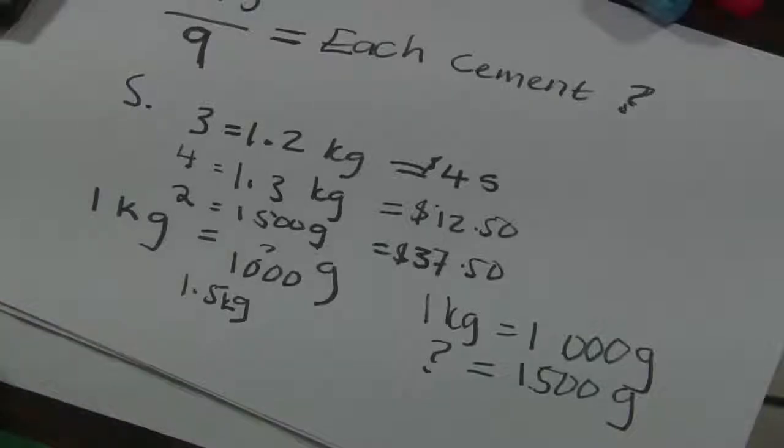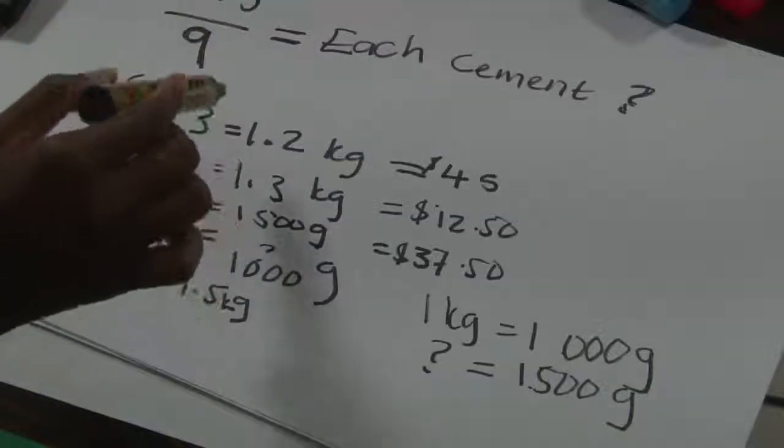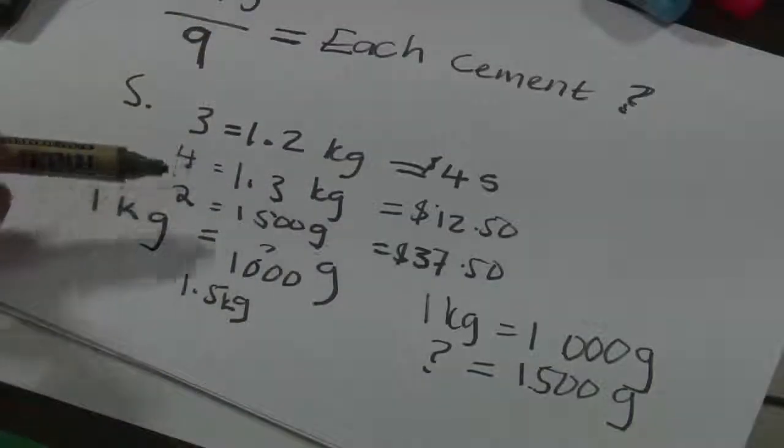And then the second question: you need to find the total weight of the items she bought, giving your answer in kilograms. They want to know the total weight of all the items. She bought 3 items: 1, 2, 3.